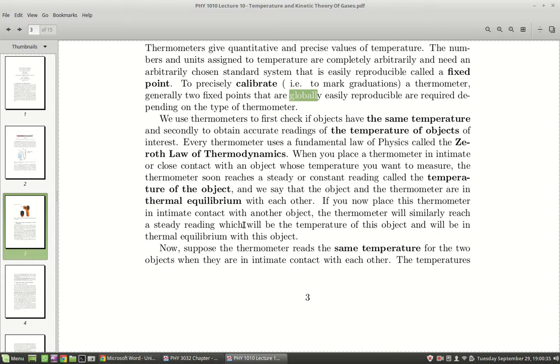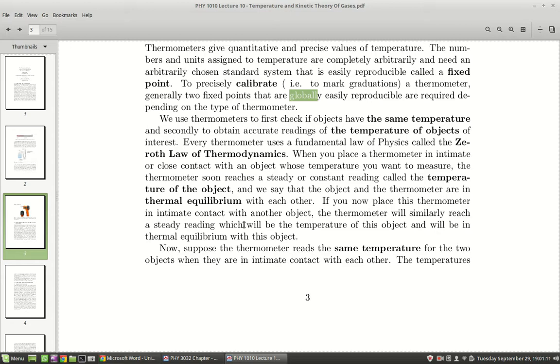By getting 37 degrees on the second, the nurse concludes that patient A and patient B have got the same temperature by comparing what the reading is. If the reading on the thermometer is the same, then we conclude that patient A and patient B have got the same temperature. And that is the basis of the Zeroth Law of Thermodynamics.